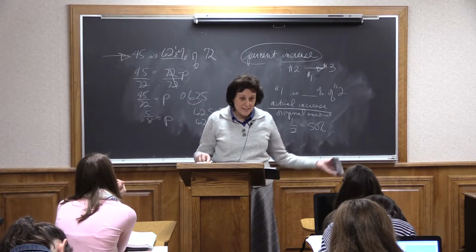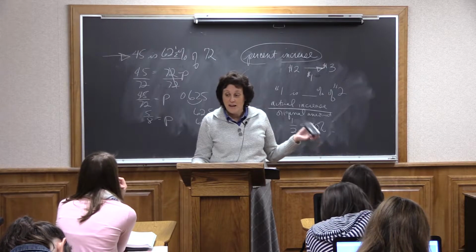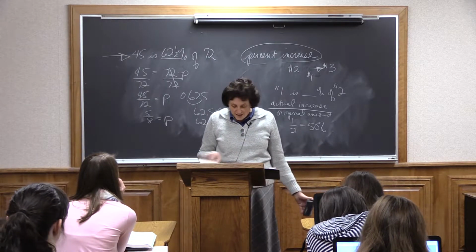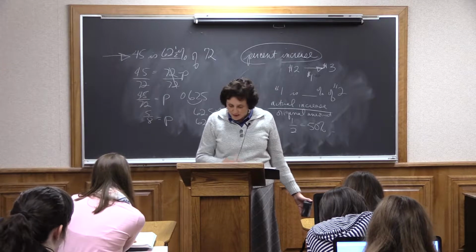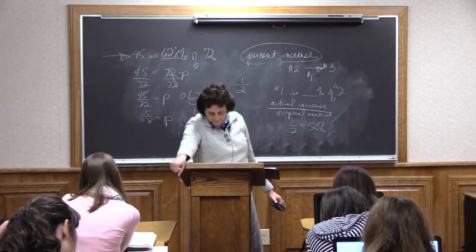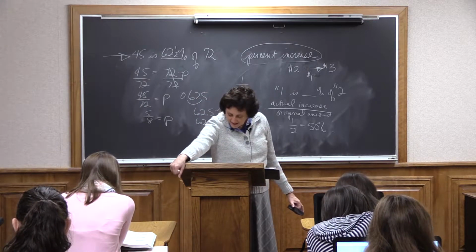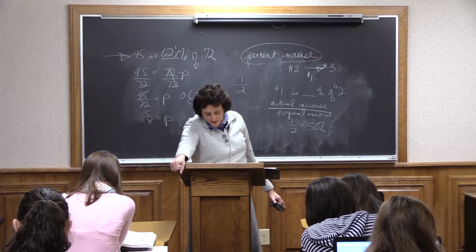Sometimes they will give you the increase directly. They'll say it increased by $1, and other times they'll give you the new price. So if you look at the application problems to finding percent of increase on page 245, sometimes they give you the increase, sometimes you have to find it yourself.